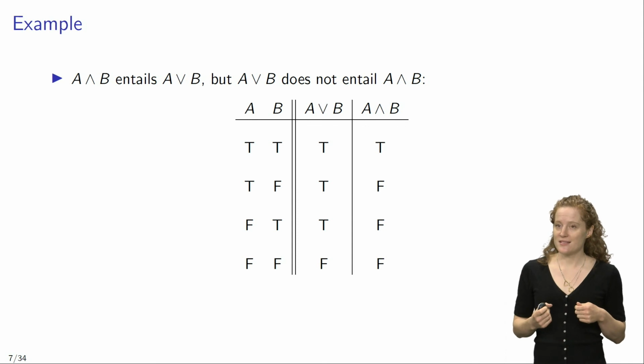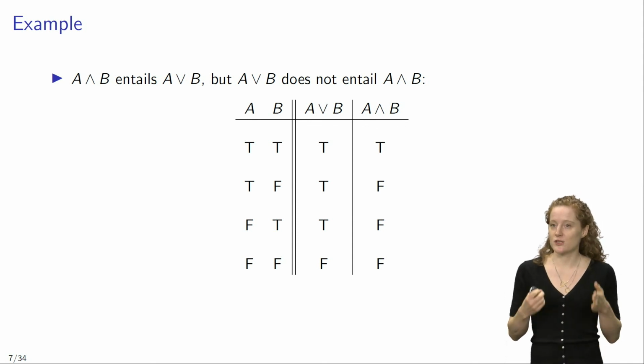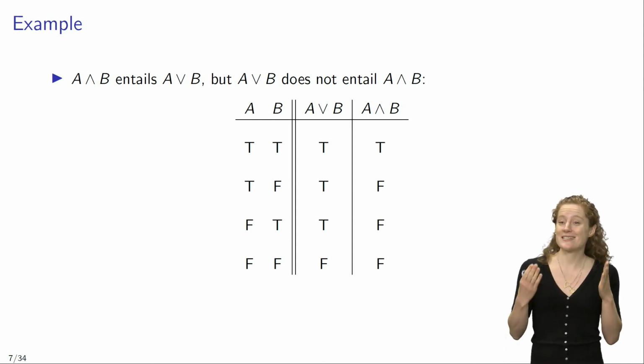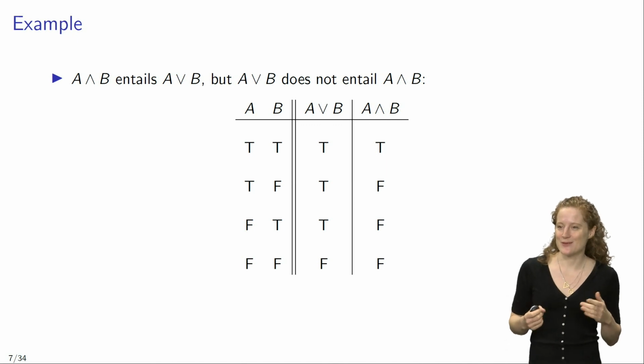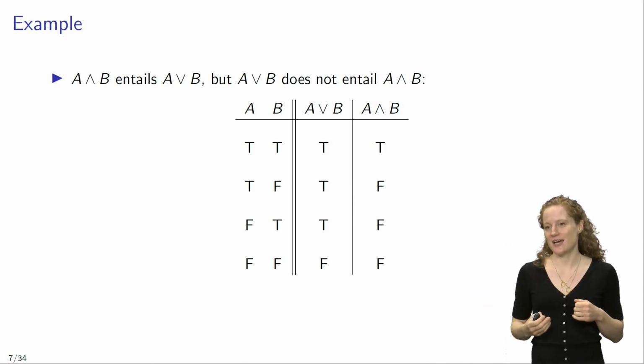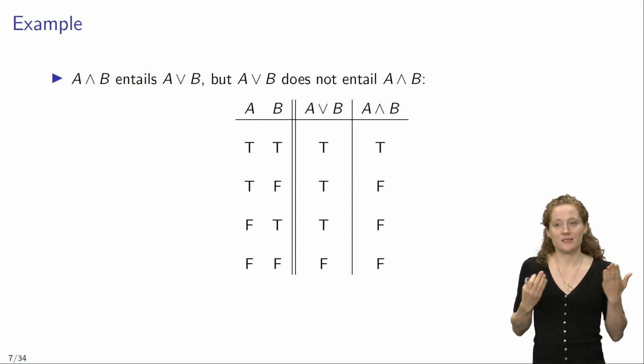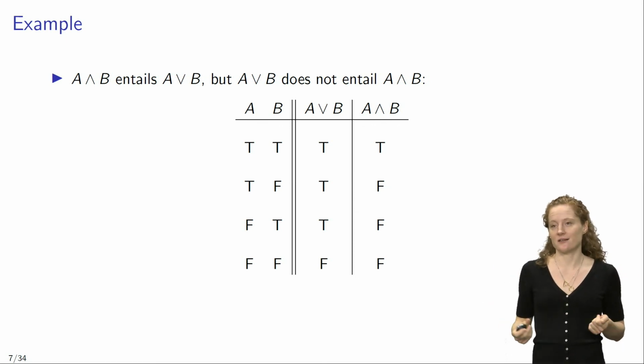And so that means that there is a valuation on which the disjunction A or B is true, but the conjunction A and B is false. And that means that the disjunction does not entail the conjunction.